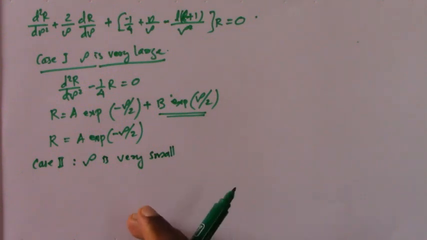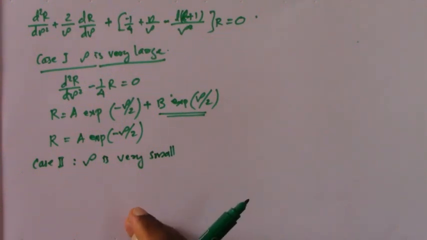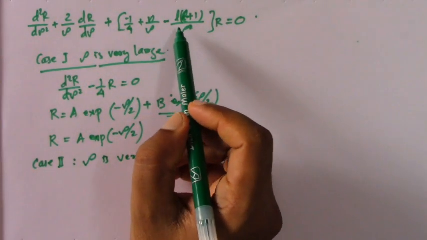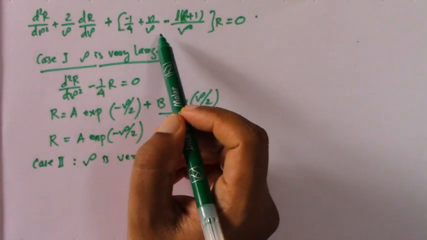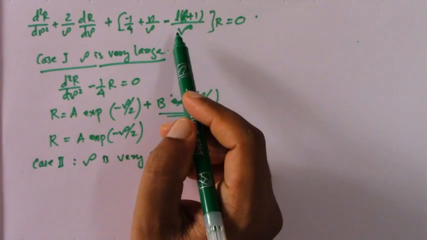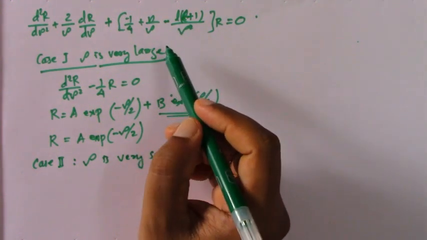When rho is very small, what will happen? If rho is in the denominator, that term will be very large, because rho is very small.